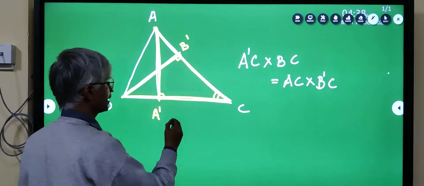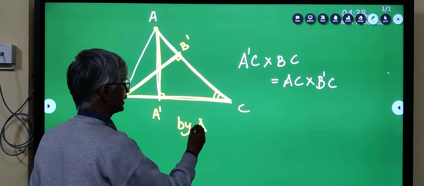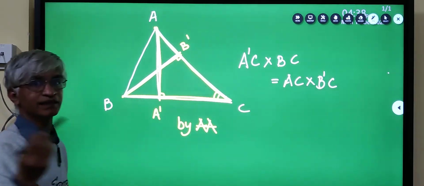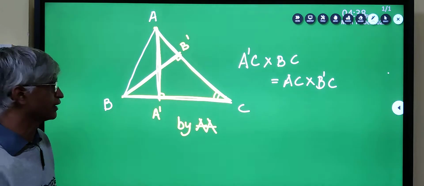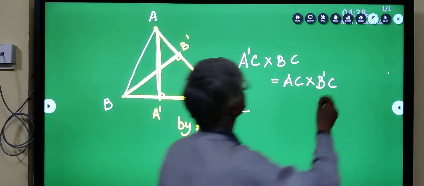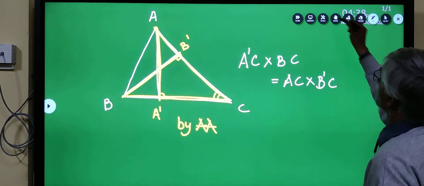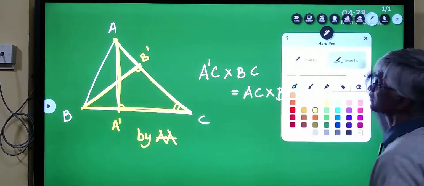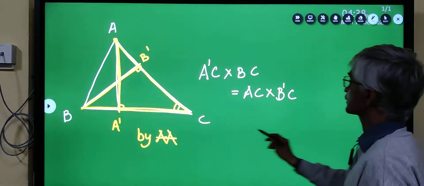Similar because by AA, one angle is common and the other angle is 90, and therefore two angles are equal. So let's write down now very carefully what are the two similar triangles and what is the corresponding, write it really carefully, corresponding.